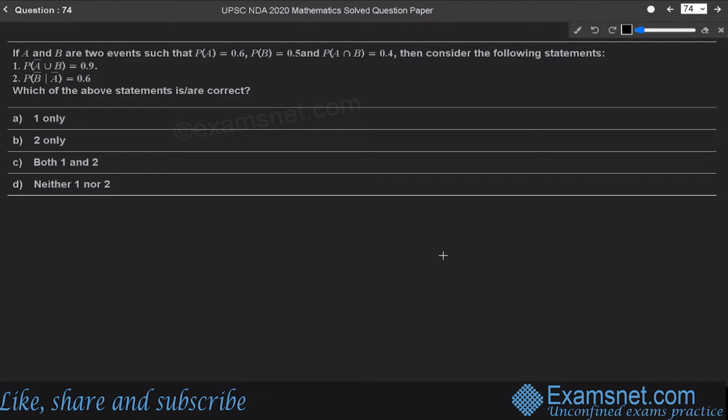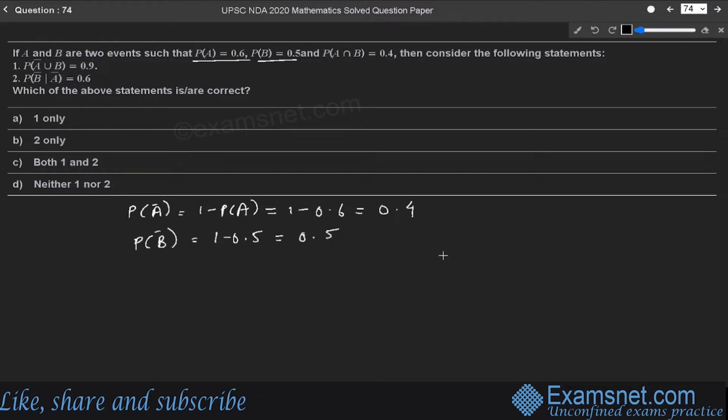It is given that P of A is 0.6. Since P of A is 0.6, P of A bar will be equals to 1 minus P of A, which is 1 minus 0.6. So P of A bar will be 0.4. Similarly, P of B is given, so P of B bar will be 1 minus 0.5, so it will be 0.5.